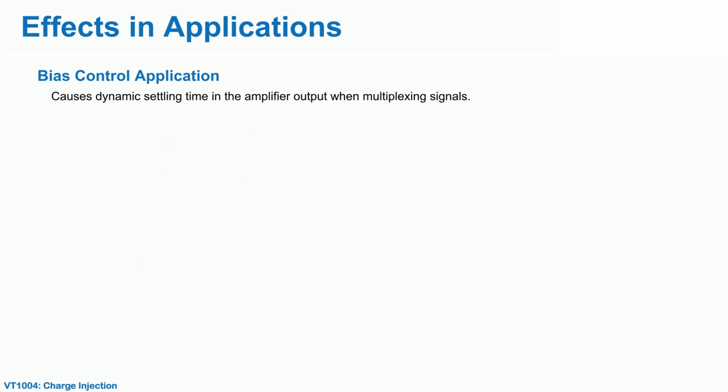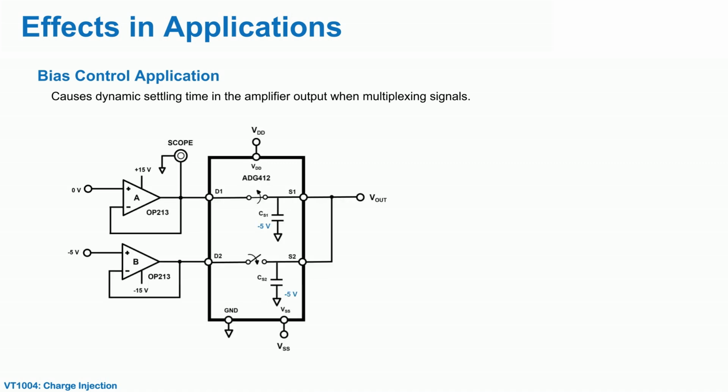As S2 opens, the -5 volts remains on CS1 and CS2 as S1 closes. The output of the amplifier A sees a -5 volt transient. The output will not stabilize until amplifier A's output fully discharges CS1 and CS2 and settles to 0 volts.